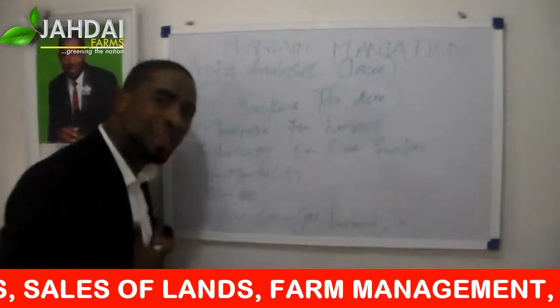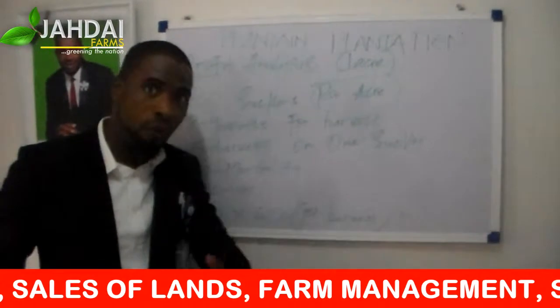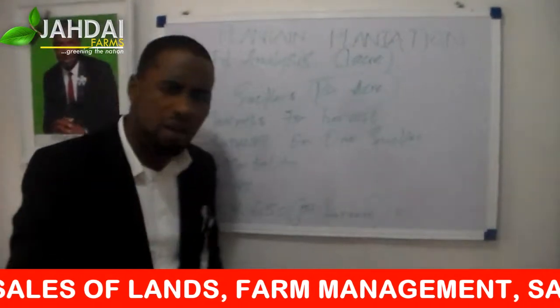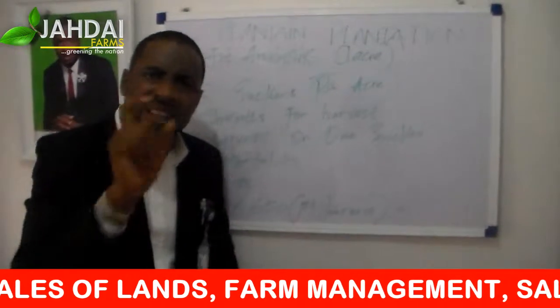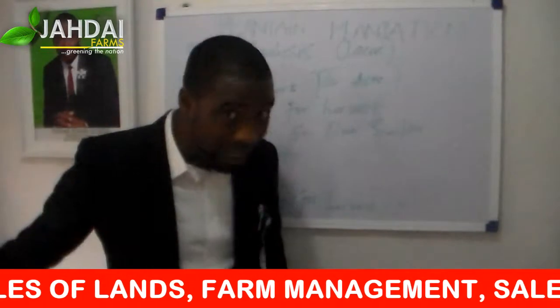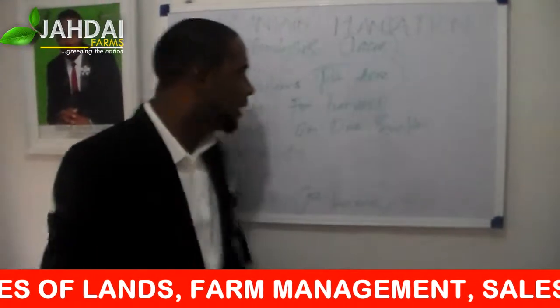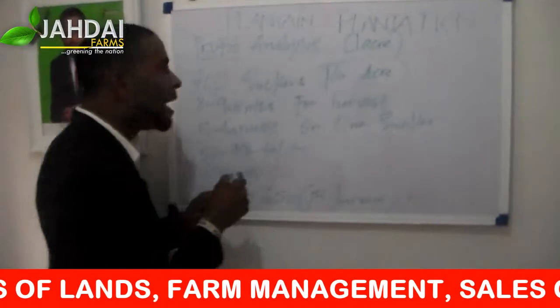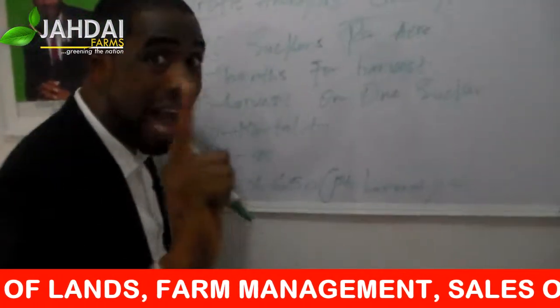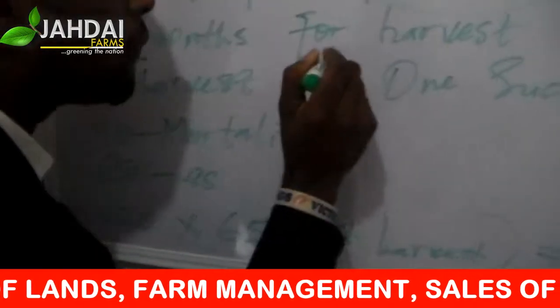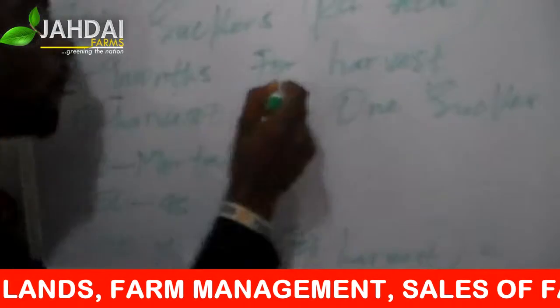Our hybrid is the Cameroon hybrid. I told you before, we import our suckers. There are different kinds of suckers. Suckers are the seedlings for plantain. Our seedling can give you up to 5. I will show you here. Our suckers, that is our hybrid, take 8 to 9 months for harvest.